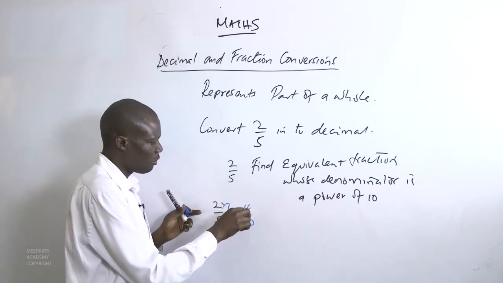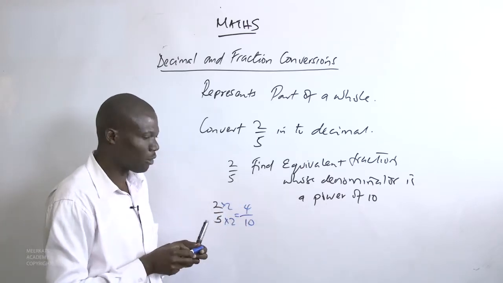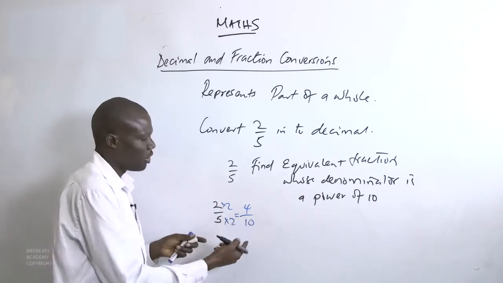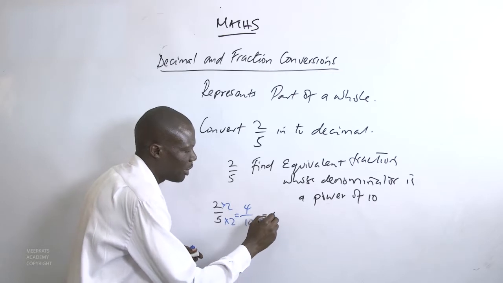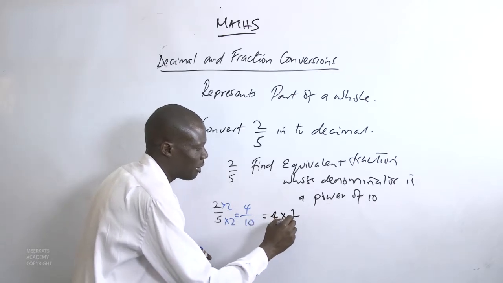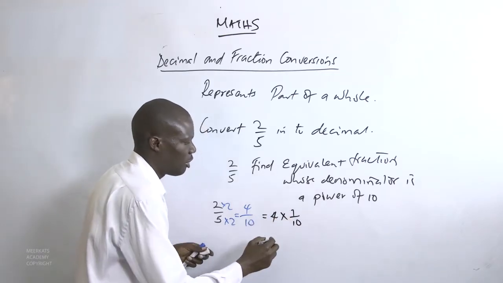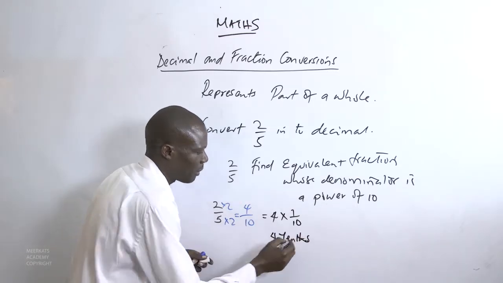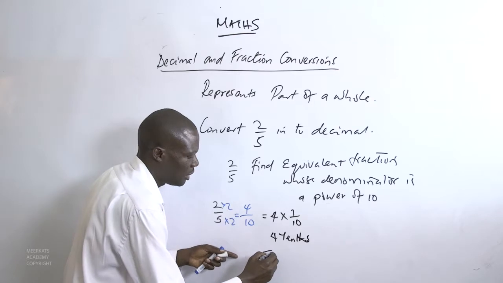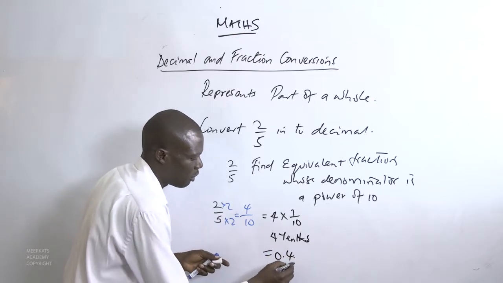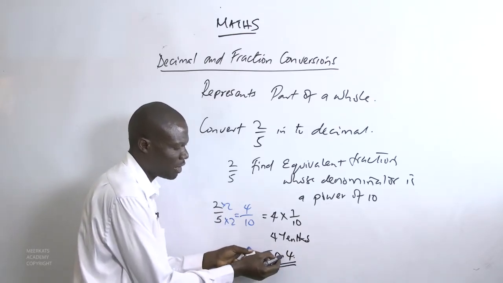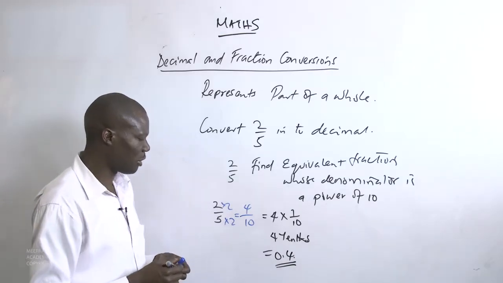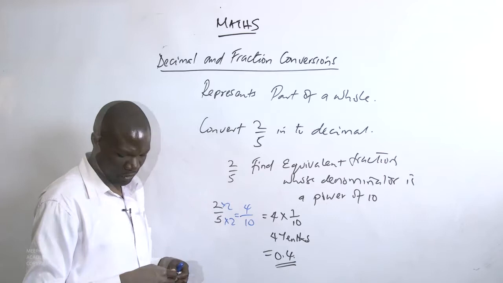Then you'll have 4 over 10. Now, from here, it is simple. This is the same as saying we are having 4 multiplied by 1 over 10, or 4 tenths. And when you talk about 4 tenths, this is 0.4. That is immediately the first place value after the decimal point on the right.